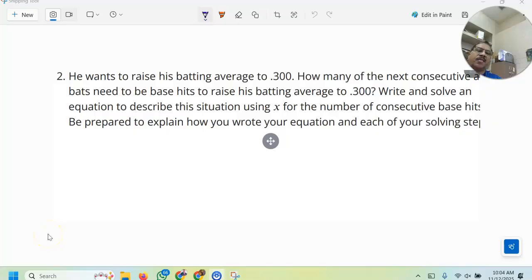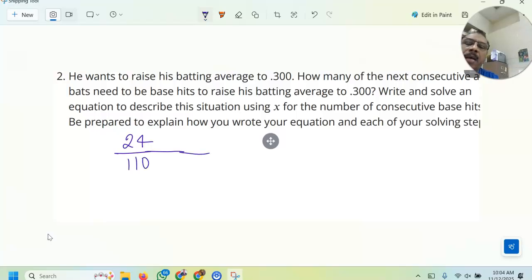I'll try to show it, but if somebody can create it, I'll be glad. What you're supposed to do is this: our original batting average was how many he got? 24 out of 110, right? Now he needs to go and bat some number of times.